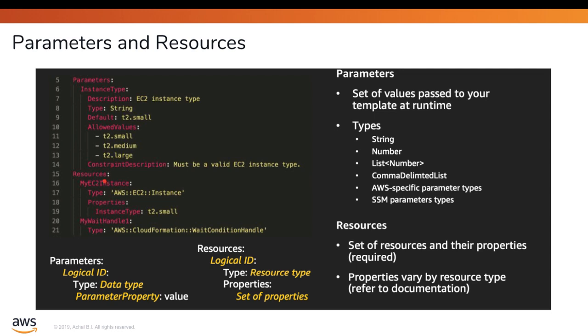This also contains a resource block where it says I need a resource which is of type t2.small, and there is also another resource, this is a CloudFormation resource, a wait condition handle. So there you could add more resources to this, and these resource names are defined by you.